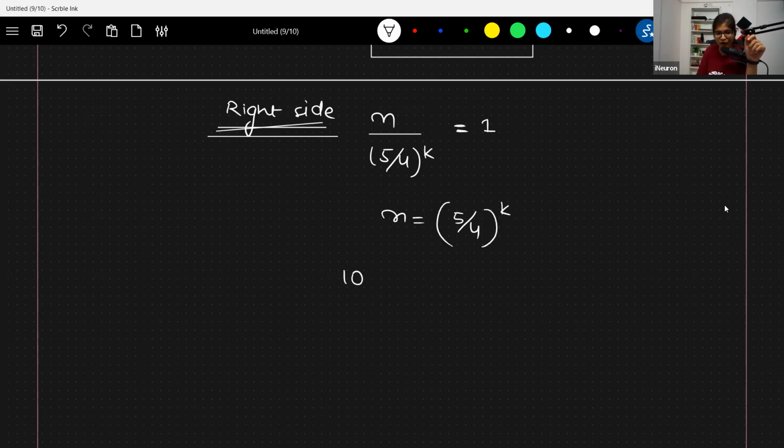Now, if I take log base 5 by 4 on both sides, I will get log of 5 by 4 and base is also 5 by 4. So I can write it as KR. KR is the right side level.